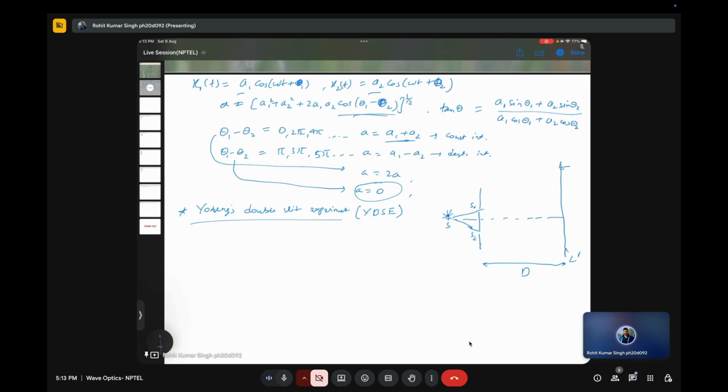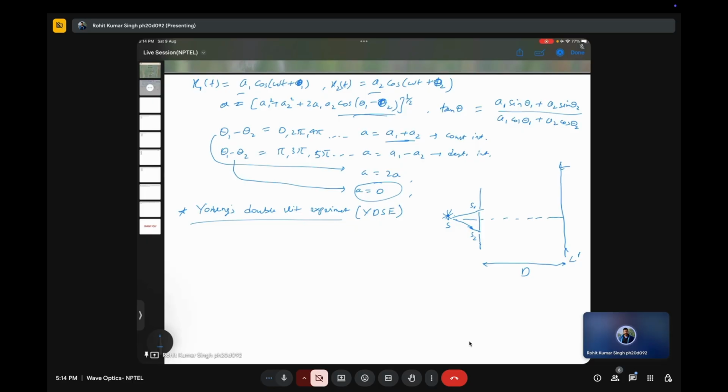Similarly, when wavelets emerge from these two openings, they interfere with each other. At some places they interfere constructively, at some places destructively, and that produces the bright and dark fringes.